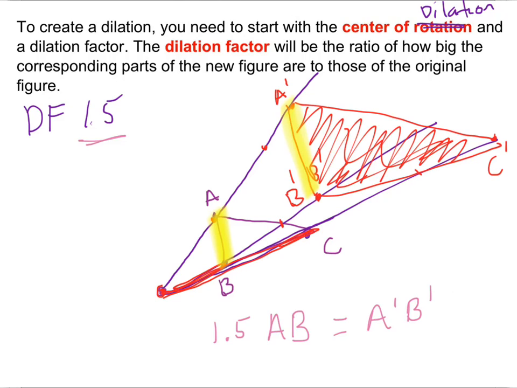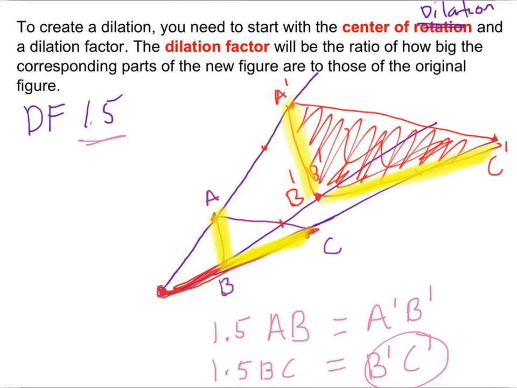If I were looking at BC, I could multiply that by 1.5 to get B prime C prime. In other words, B prime C prime is 1.5 times BC. We can say that about all the sides. So this side and this side are 1.5 times, you multiply by 1.5 to get this one, and multiply by 1.5 to get this one.